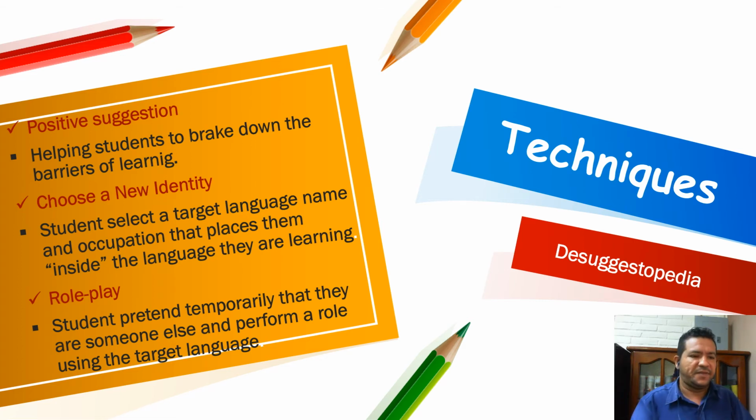Okay, so this is the principle, but we can discuss the techniques that the teacher is going to use when using this method. A positive suggestion, for example, helps students break down the barriers of learning. Many students get shy, nervous, and afraid to speak.